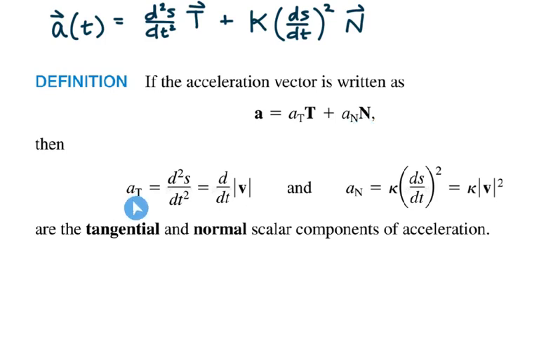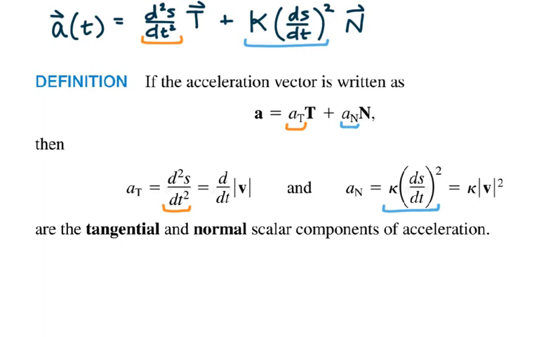So you see that a sub t is equal to the second derivative of distance with respect to time. So there's my a sub t is equal to this value, which we see right there in front of our T. And then a sub n is equal to kappa times the derivative of position with respect to time squared, which we see right up in there.